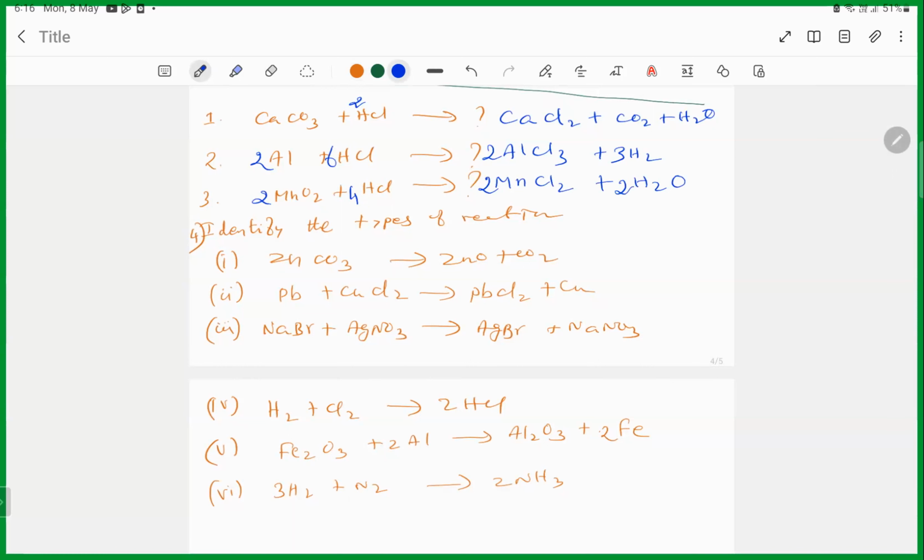No, it's not balanced. You balance it. This equation. So the answer will be MnCl2 plus H2O. How will you balance? Tell me.